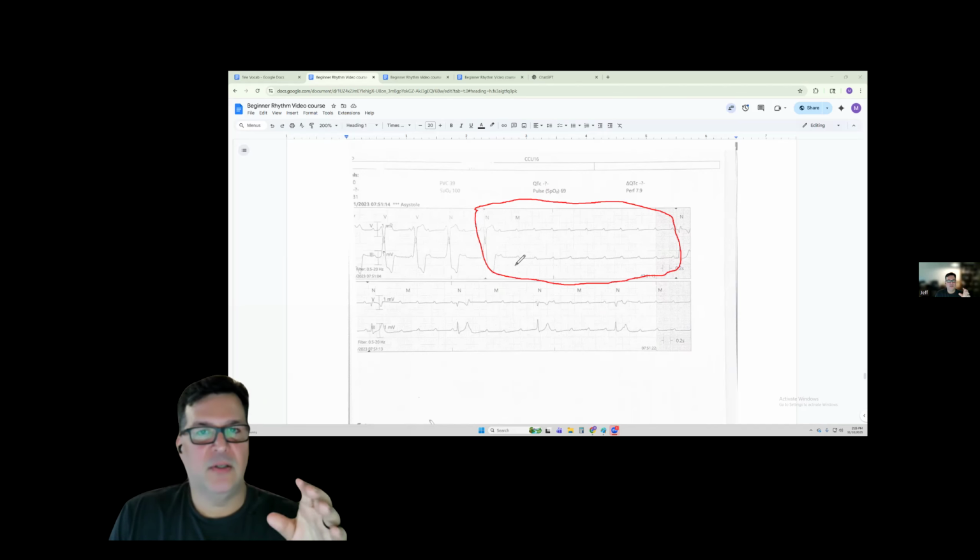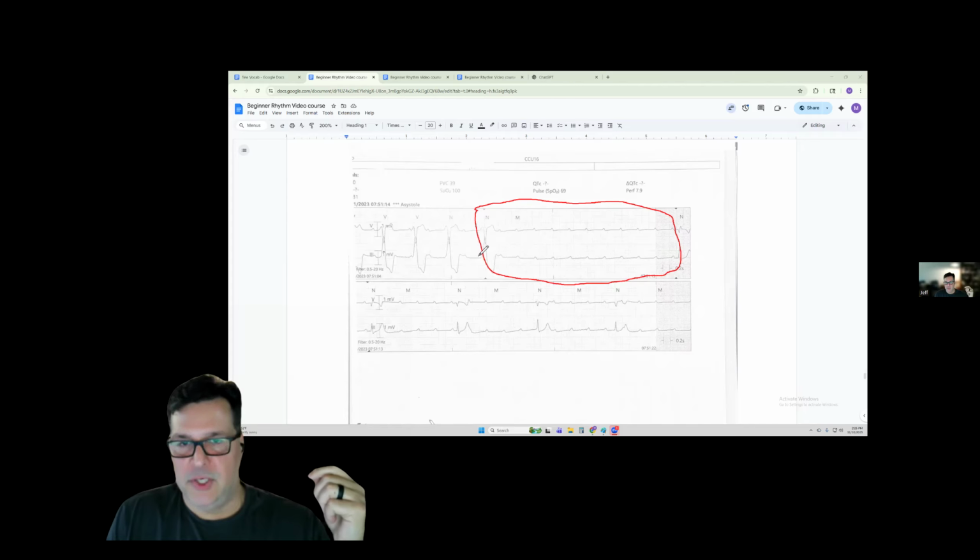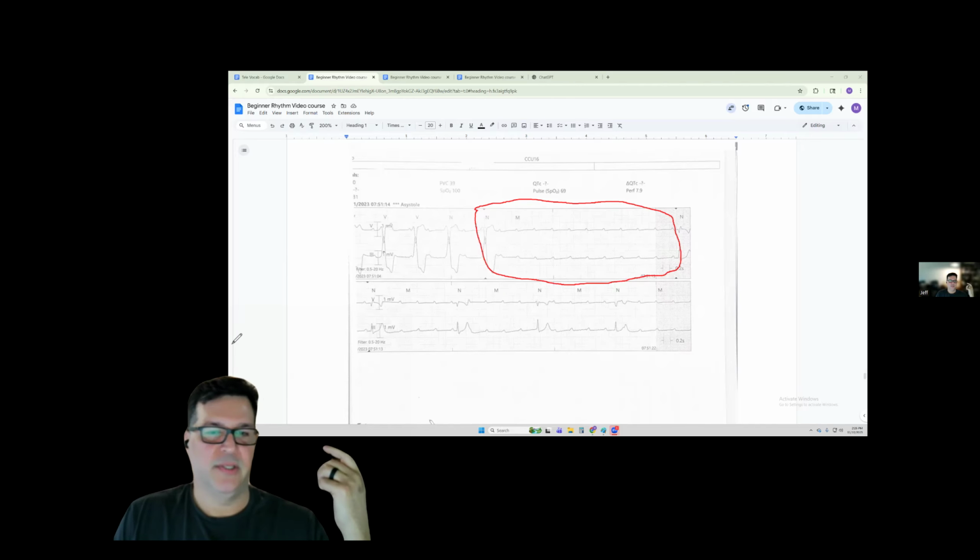What's happening is the ventricle has stopped working, right? But there's nothing wrong with the SA node. The SA node is still working, right? You still got P waves. So that is what you call a ventricular standstill if you just were to see this. But the bigger picture is, yes, complete heart block. I'm just using that little section as an example.